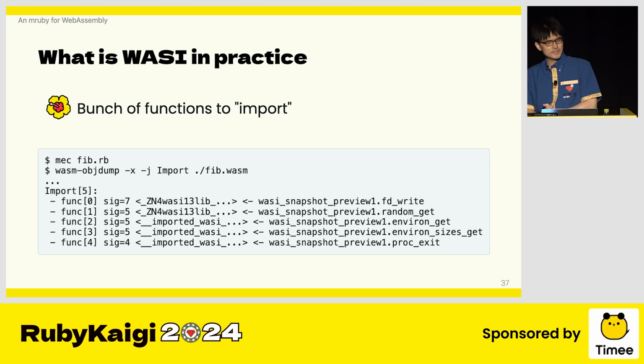So WASI is basically a bunch of functions to import. This is a compiled WASM file using the Rust compiler, and it automatically specifies the import of WASI functions.